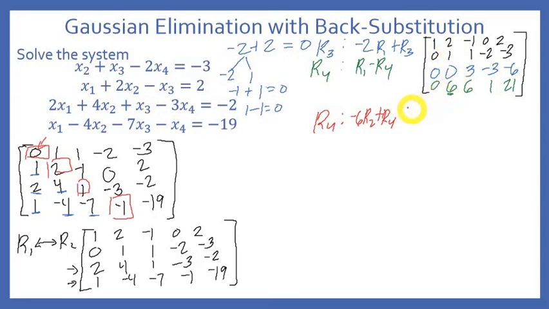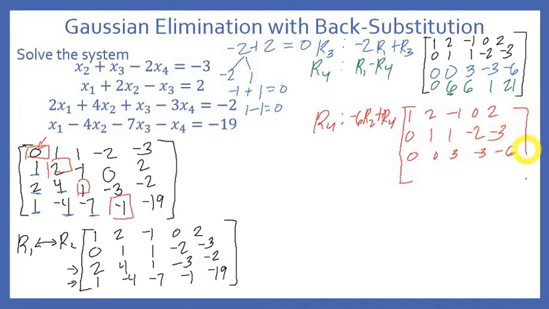So I'm going to do that. But first, I'm going to copy the first 3 rows because I will not be touching them. 0, 0, 3, negative 3, negative 6, and then finally I would now have row 4.